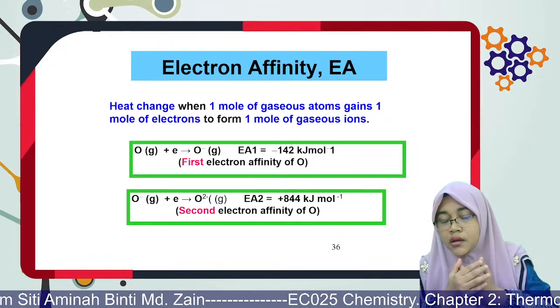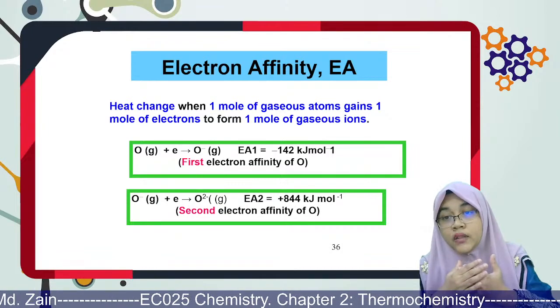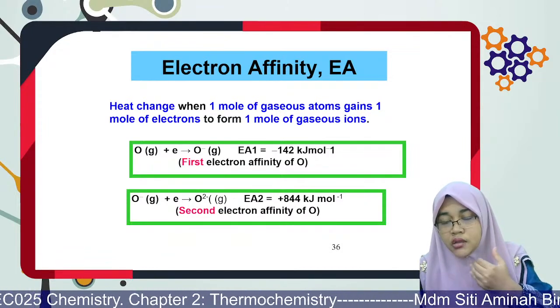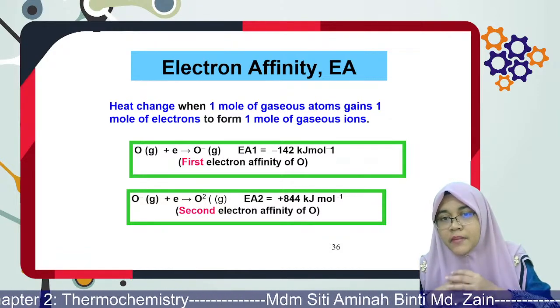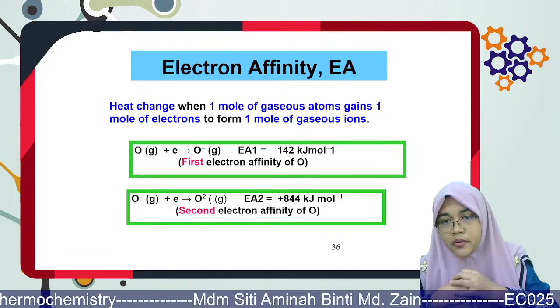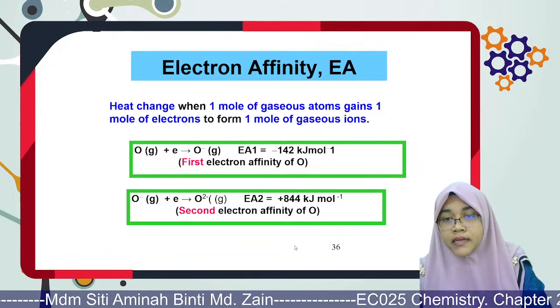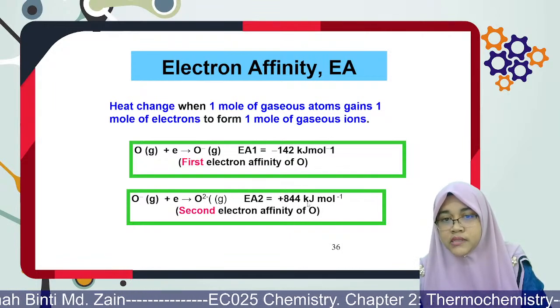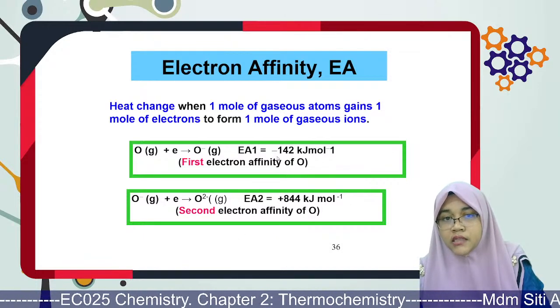So the negative charge and the electron will repel. In order to force the electron to be put in our valence shell, some energy must be absorbed. That's why the first EA is always negative, but the second EA is changed to be positive, because the second process is harder compared with the first EA.